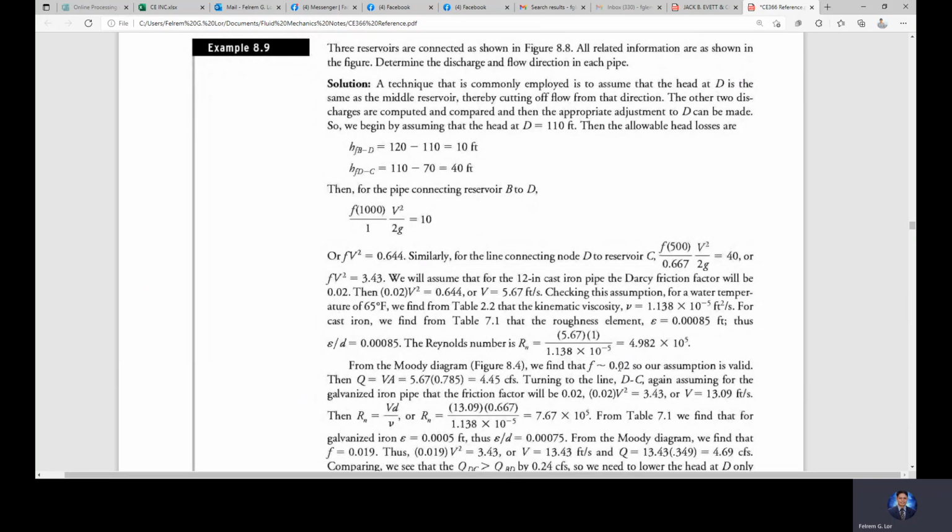So to determine the velocity, mag-assume lang ta og velocity. Actually, di man i-assume, computed man based on this assumption 0.02. So gi-check niya, and more on sakto-sakto ra sa akong assumption nga 0.02.